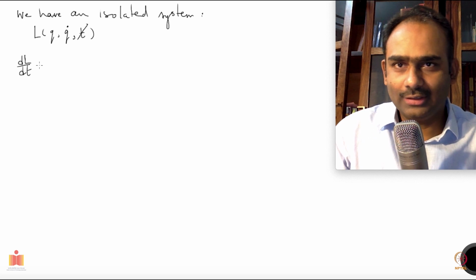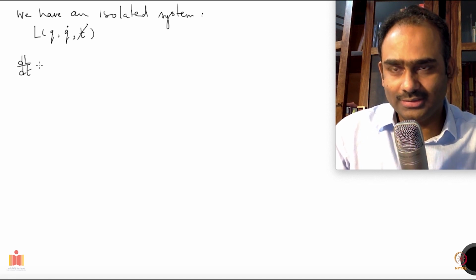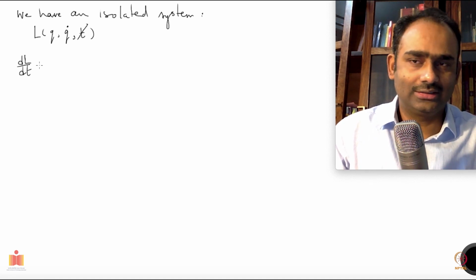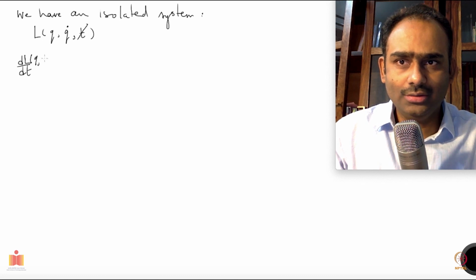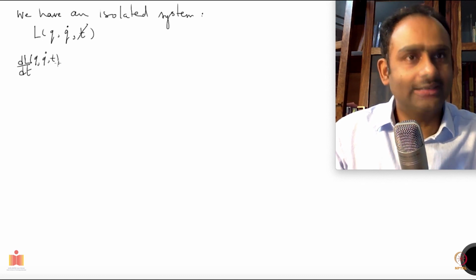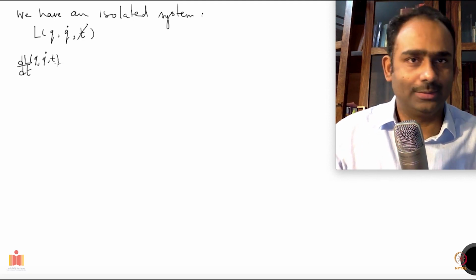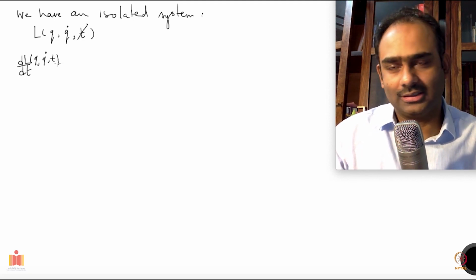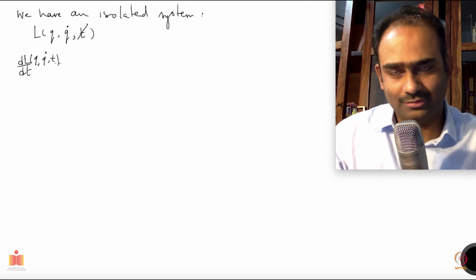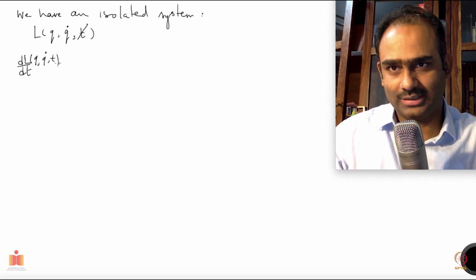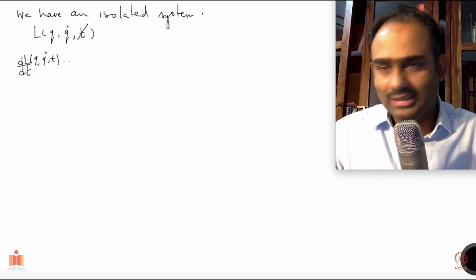For now, even though I'm interested in such a system, I will keep it general. I will keep L depending on q, q dot and t, and later I will remove the time dependence. So any system, maybe something is influencing it from outside, all of that is included for now.